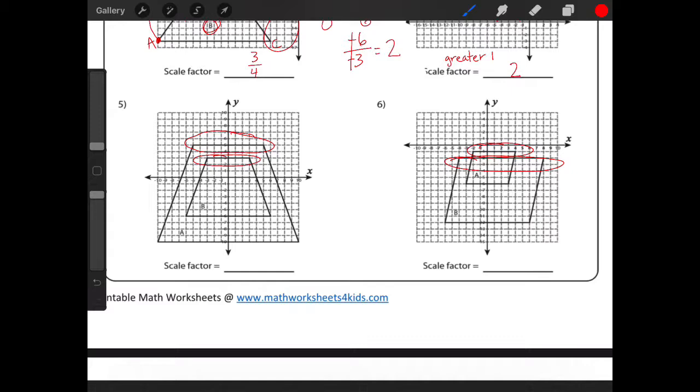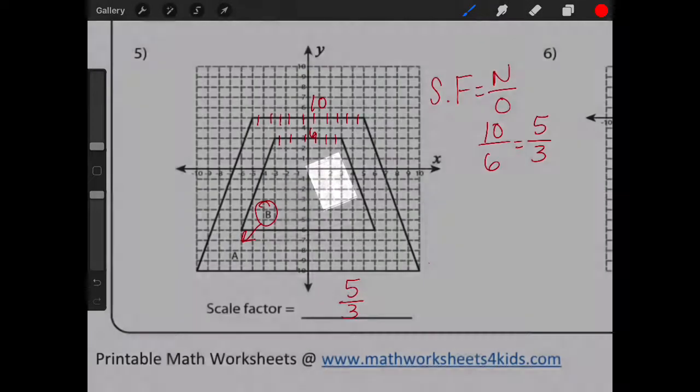But the side lengths, if they're perfectly horizontal or perfectly vertical, comparing those side lengths is a great method as well. So pause the video, give this a try. When you unpause the video, that's when I will have the screen up and ready to show you the answers so that you can check your answers versus mine.